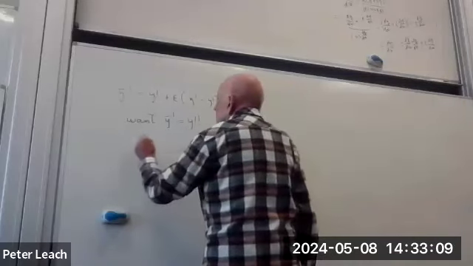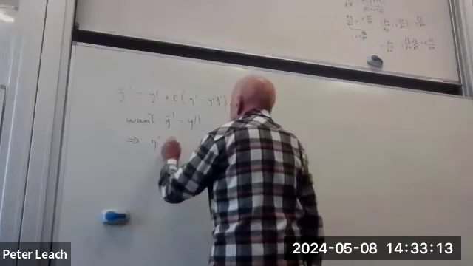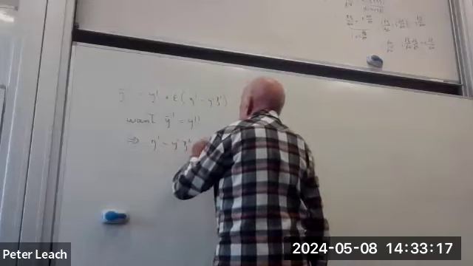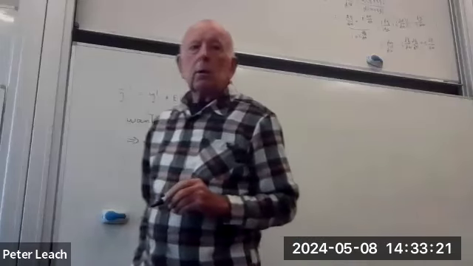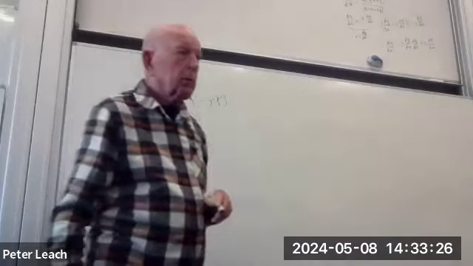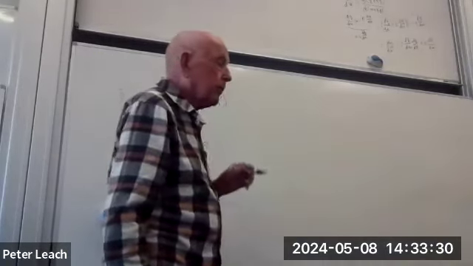So that means e prime minus y prime has zero. Now, that's not all, of course, is it? Because we're dealing with the second derivative.